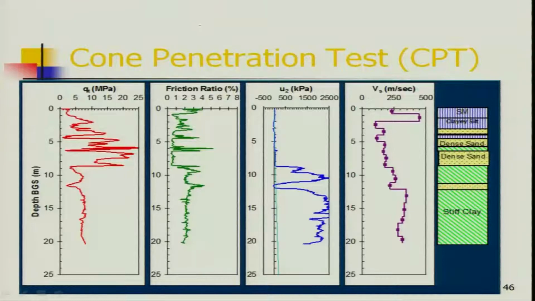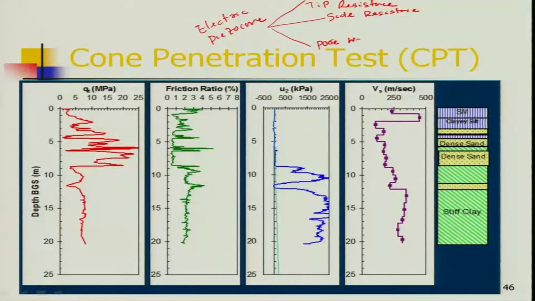In this case the cone penetration test has been changed. It is now called the electric piezo cone. In the electric piezo cone, earlier in the cone you got tip resistance as well as side resistance, but now you get tip resistance, side resistance, and then pore water pressure.